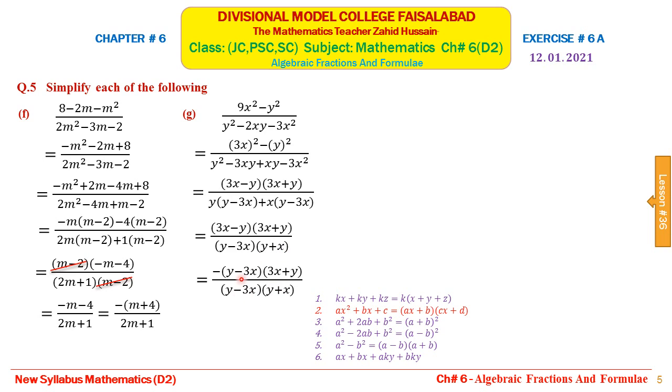Now y minus 3x can be cancelled, and our final answer is minus 3x plus y over y plus x. You can remove this bracket and write the answer as minus 3x minus y, or leave the answer in this form.